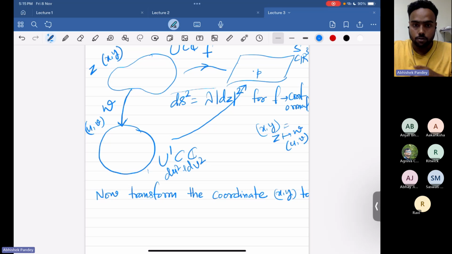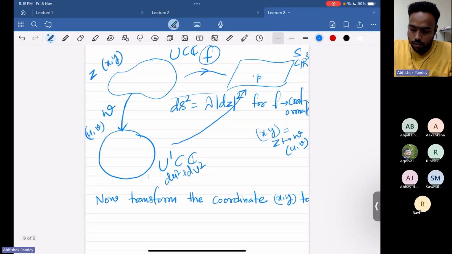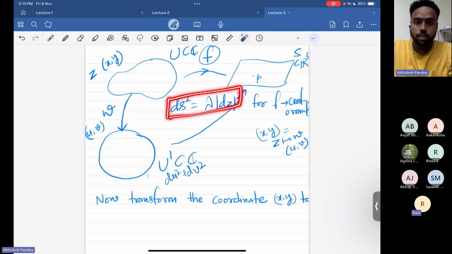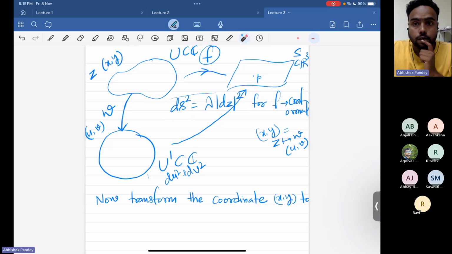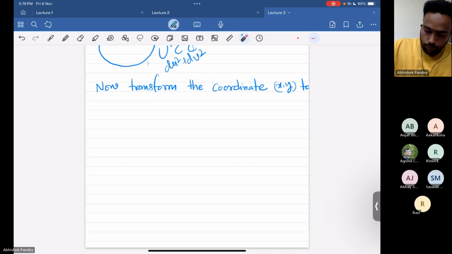Gauss proved that this map is conformal if and only if we have such an expression of the metric. So our job is to find this isothermal coordinate.